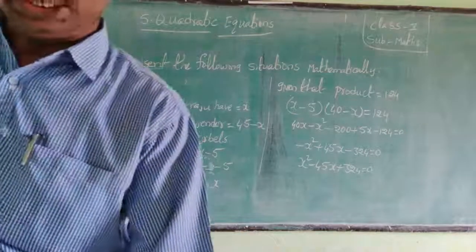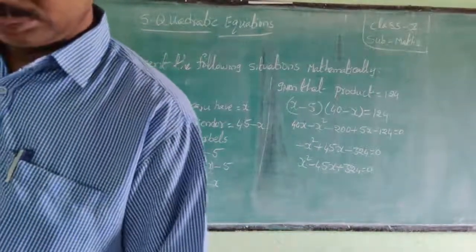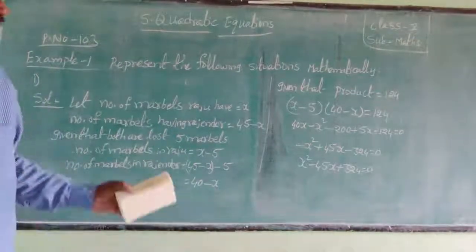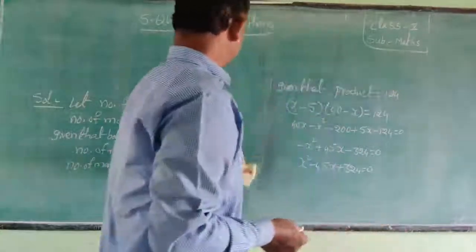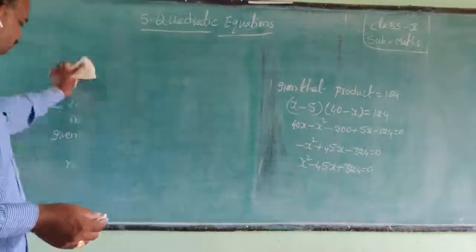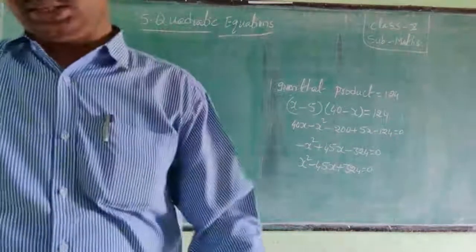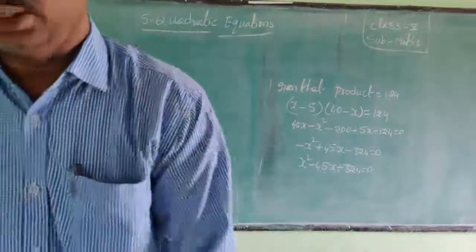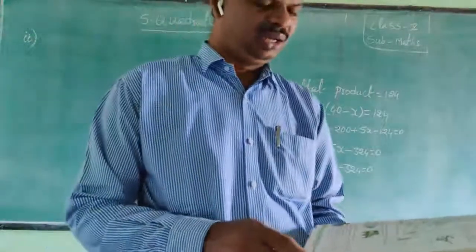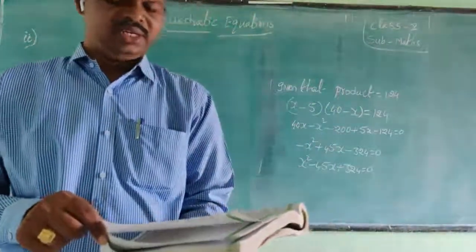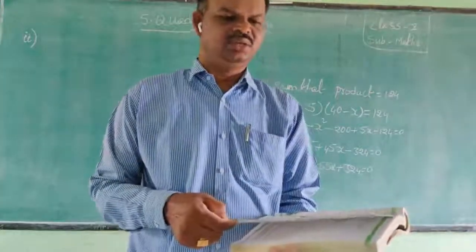Next, write the second sum. The hypotenuse of a right triangle is 25 centimeter.